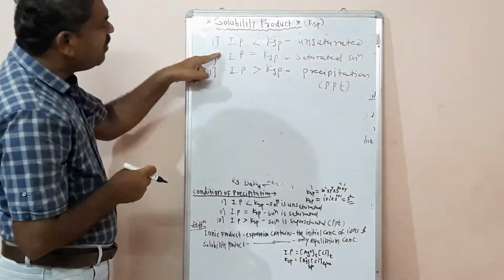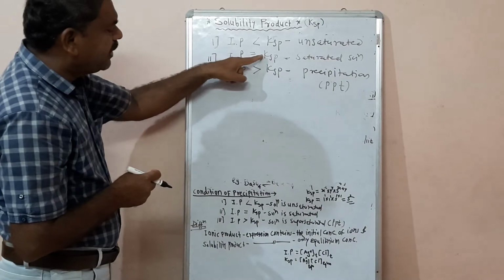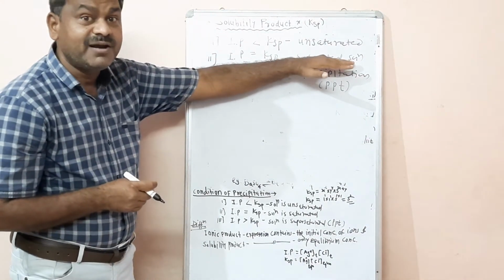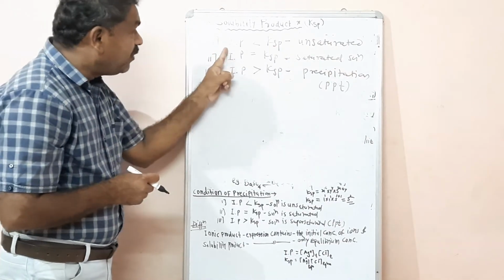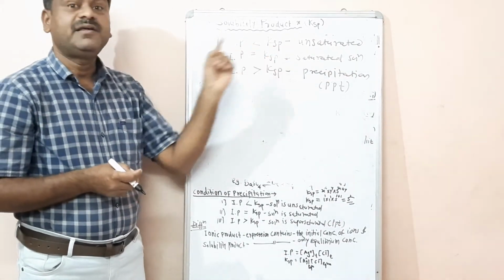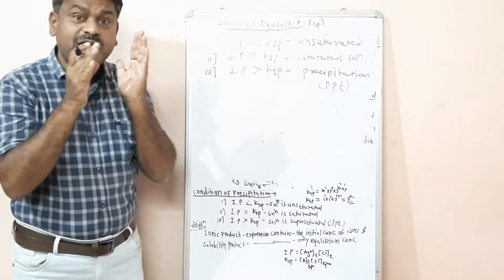If the ionic product is equal to Ksp, then that solution is the saturated one. If the ionic product is less than Ksp, that is known as unsaturated.